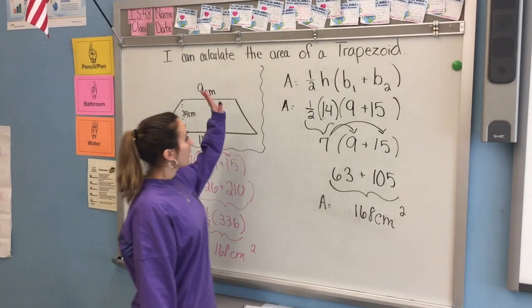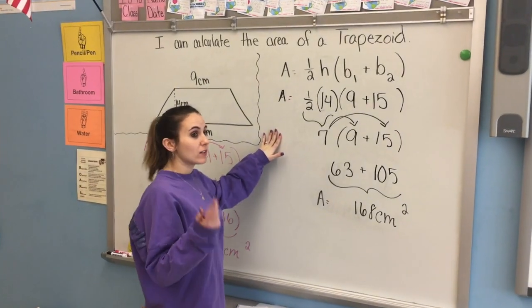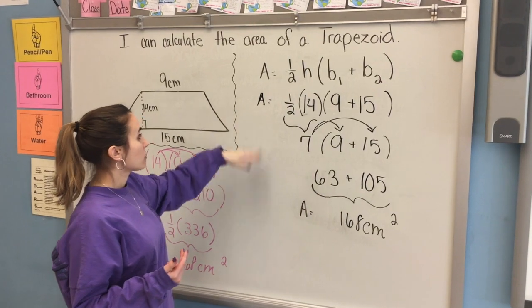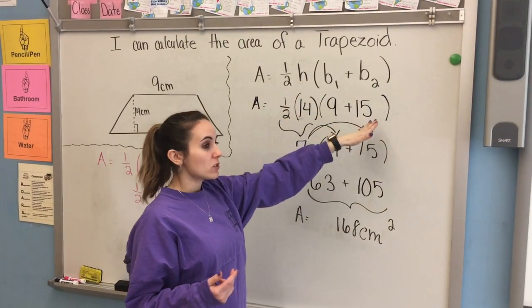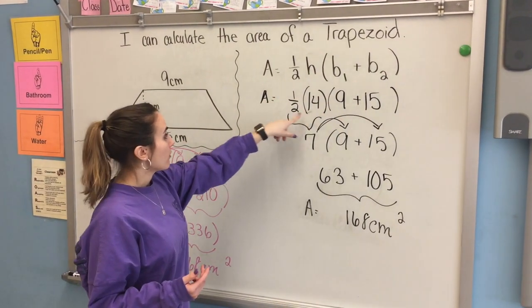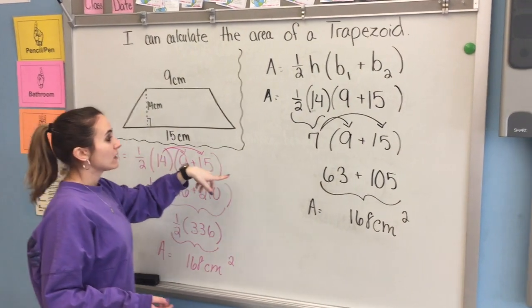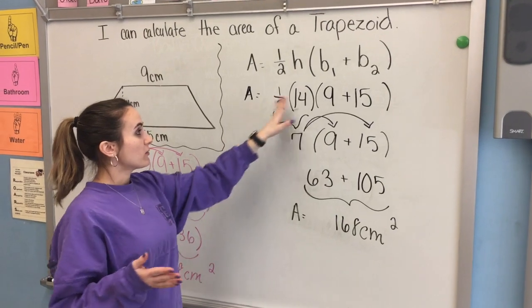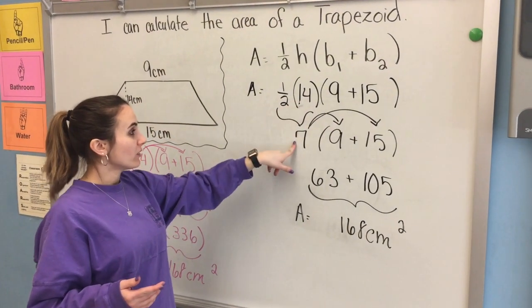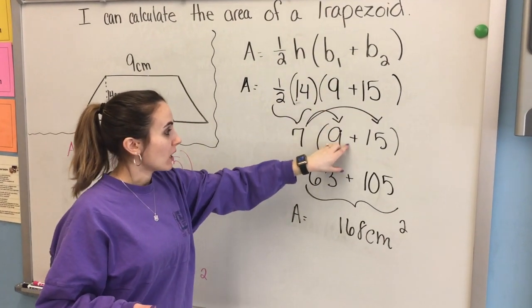Okay, so I showed you one way, here's another way that you could have solved for the area of this trapezoid, still plugging into your formula, half of 14, which is your height, and base 1 and base 2, which is 9 and 15. I basically just went left to right here. Half of 14 is 7, and then I brought everything down, the 9 plus 15.